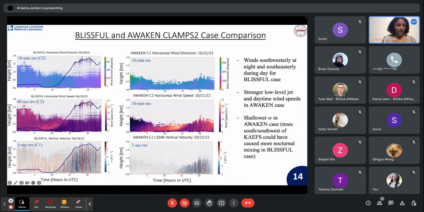For Blissful, we have these very southwesterly winds during the night when this nocturnal low-level jet is happening, but then they shift more southeasterly during the day, whereas clamps 2 is predominantly southerly, except for maybe this elevated southeasterly flow. And what I liked about comparing these 2 cases is both had the nocturnal low-level jet in the same places, except this one in October is a lot more elongated.